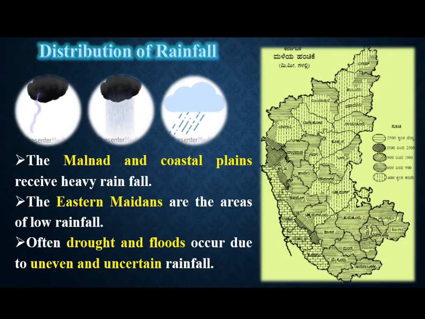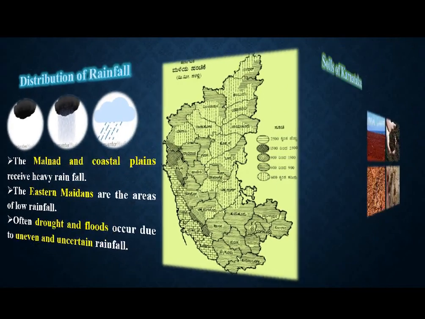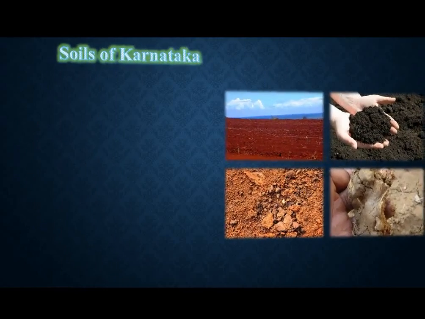So that's why the distribution of rainfall is divided into two types: heavy rainfall and low rainfall, and the climate in this condition is completely uncertain. Okay.